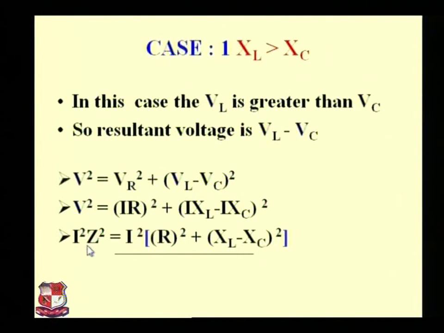I square is common on both sides, so we cancel it out. Taking the square root on both sides, Z equals the square root of R square plus (XL minus XC) square. So when the inductive reactance is more than the capacitive reactance, the impedance is given by the square root of R square plus (XL minus XC) square. Okay, thank you.